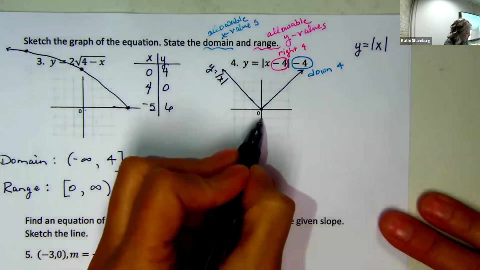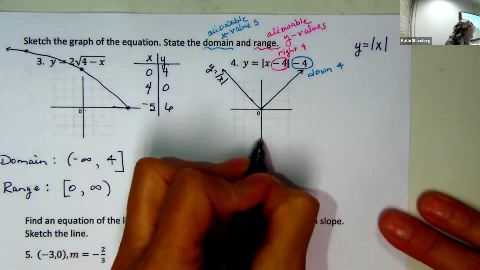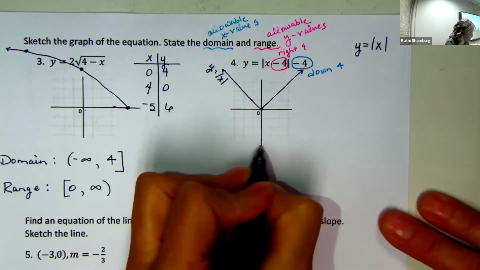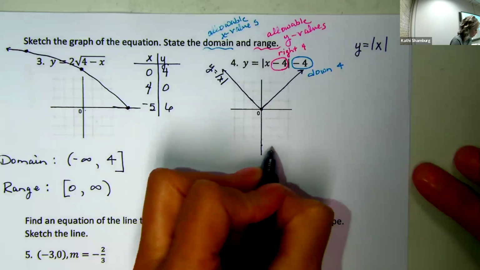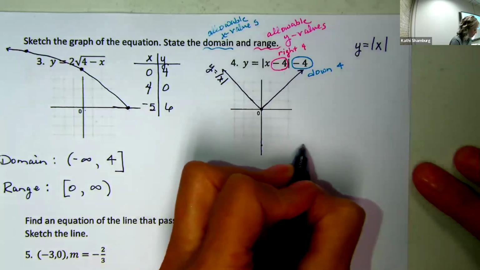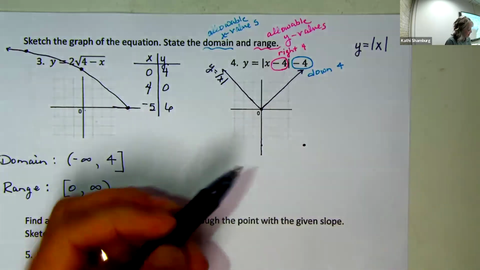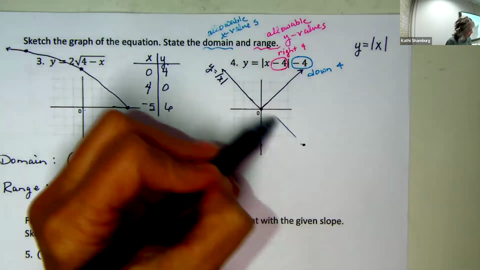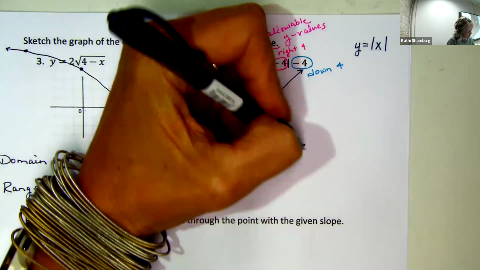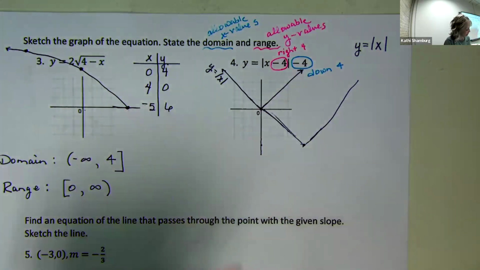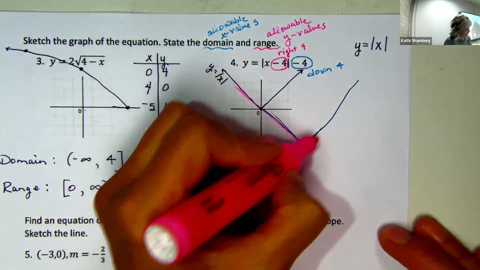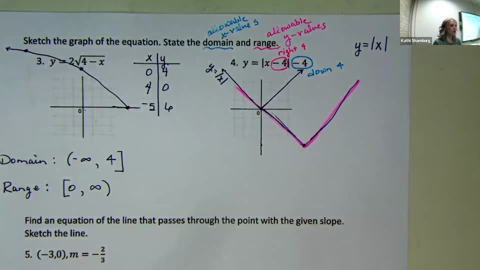I'm going to go down 1, 2, 3, 4, and then I'm going to go to the right. 1, 2, 3, 4. So it's just remembering that up, down, left, right.